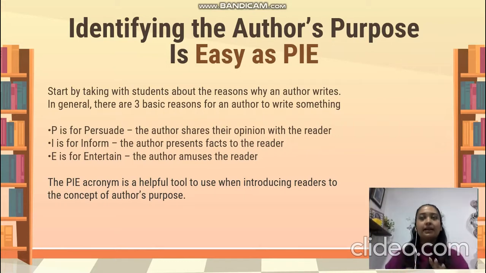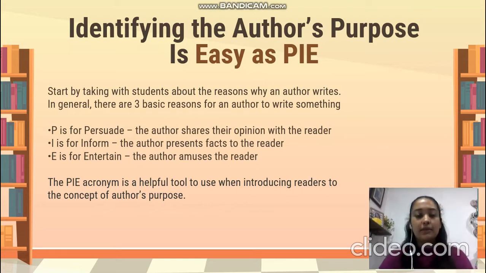In general, there are three basic reasons for an author to write, though we can find more. The first ones are to persuade the reader, to inform the reader, and to entertain the reader. Most students learn to use the following acronym when thinking about author purpose.